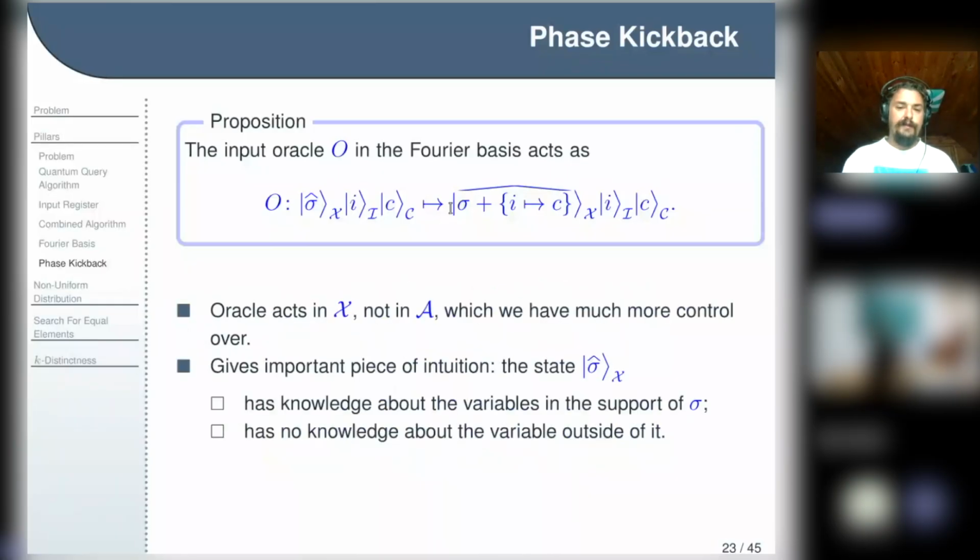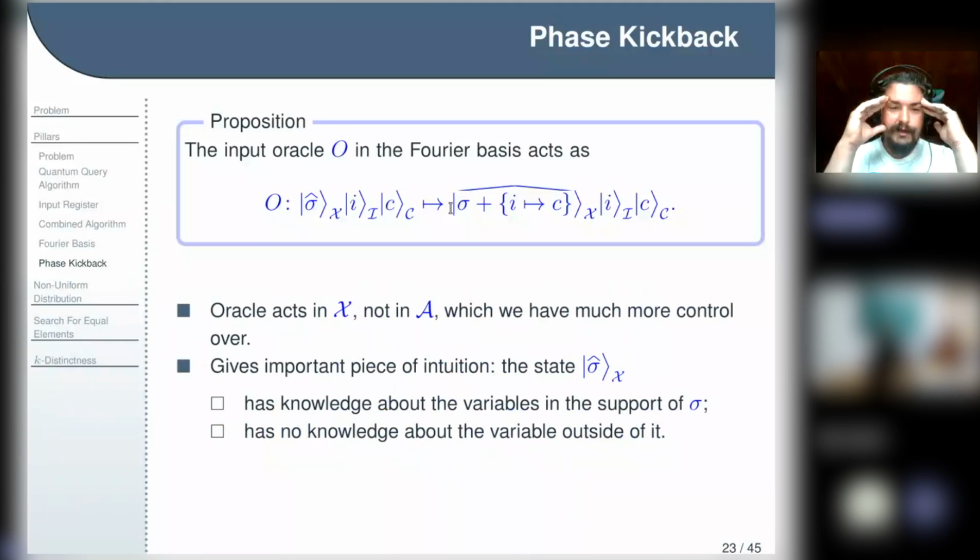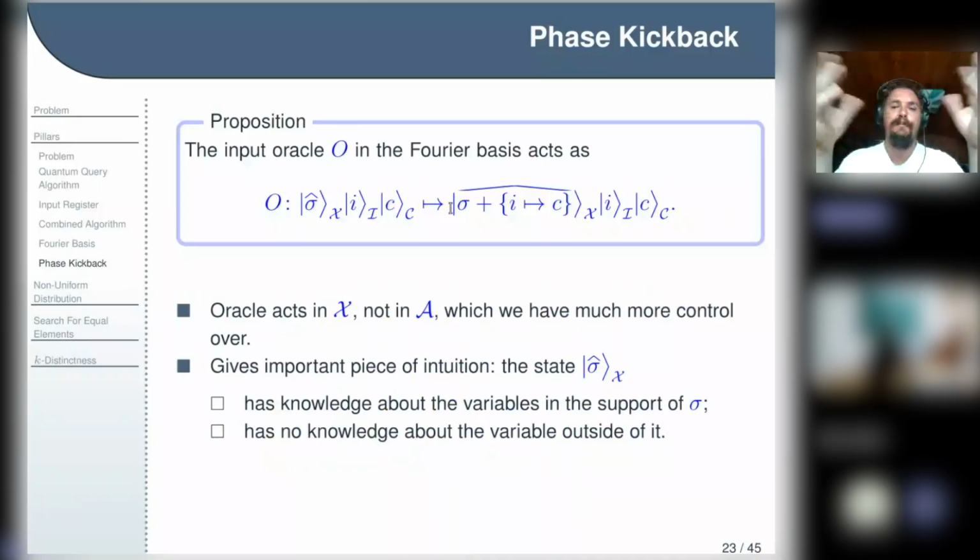This is really nice, because then we can see that the oracle actually acts in the space X, not in A. We could see that the input oracle acts in A, but from this point of view it acts in X, and we have much more control over X because we know everything about X, and we know pretty much nothing about A because of this W that we were asked about previously.